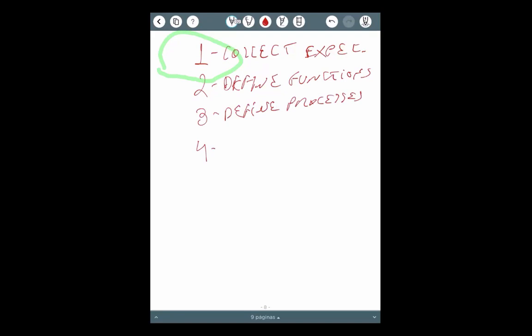Step number 4, we establish KPIs. Step number 5, we define and assign resources.